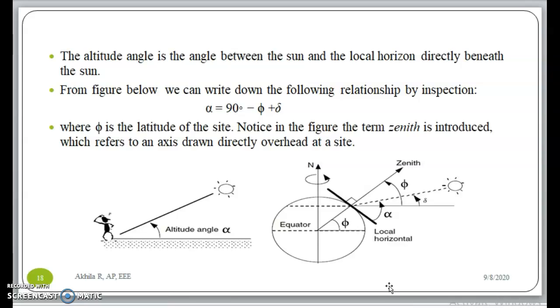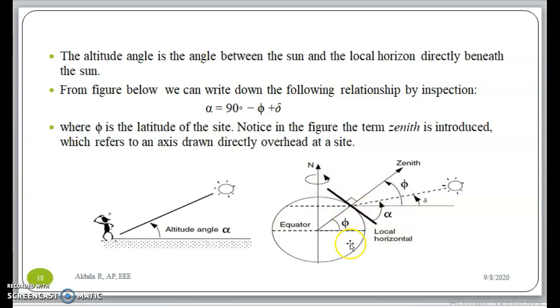You can see the representation in the figure: the angle between the sun and the local horizontal is marked as the altitude angle alpha. And from the figure, this alpha is going to be 90 degrees minus phi.